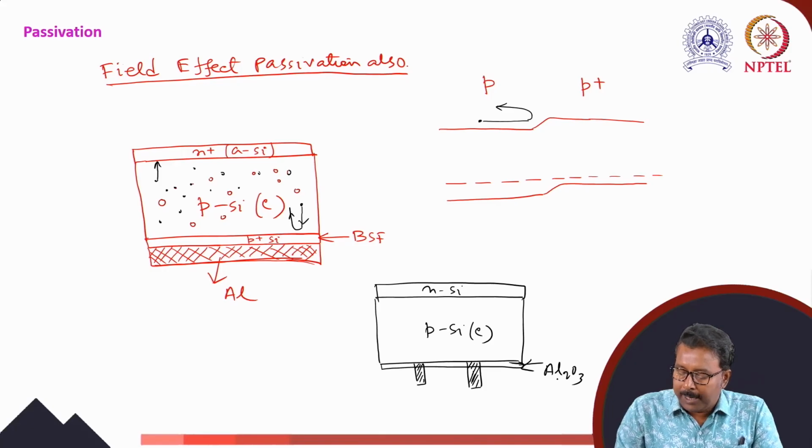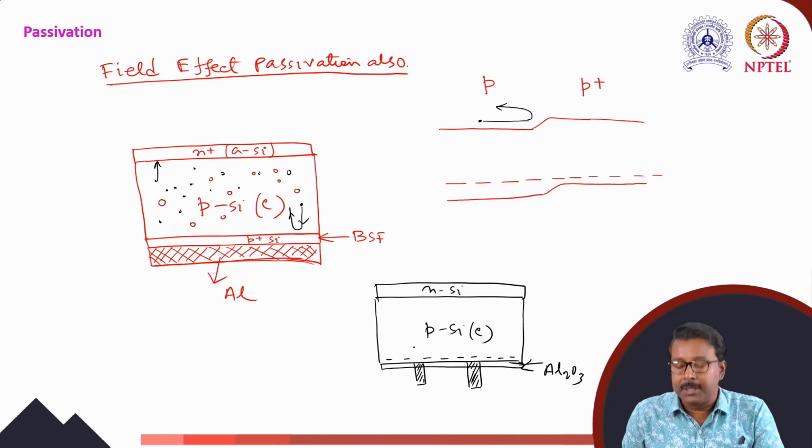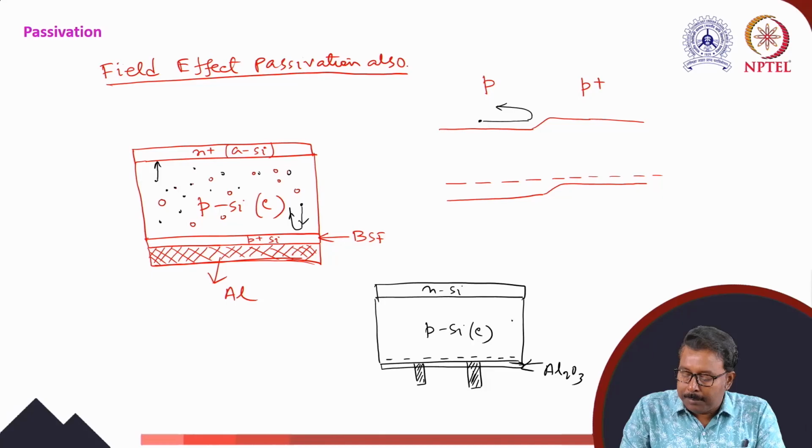Due to presence of Al2O3, there are fixed negative charges in the interface between aluminum and P silicon, and this basically repels the electron from here to here.